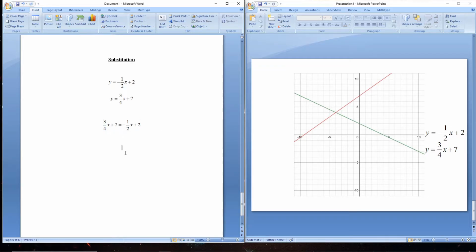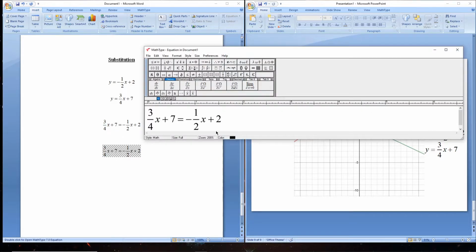Now, if you recall, the easiest way to deal with fractions is to multiply everything by a common denominator. So if we look at the common denominator here, we have a 4 and a 2. The common denominator here is 4. And so we'll multiply everything by 4. This will get rid of the fractions.